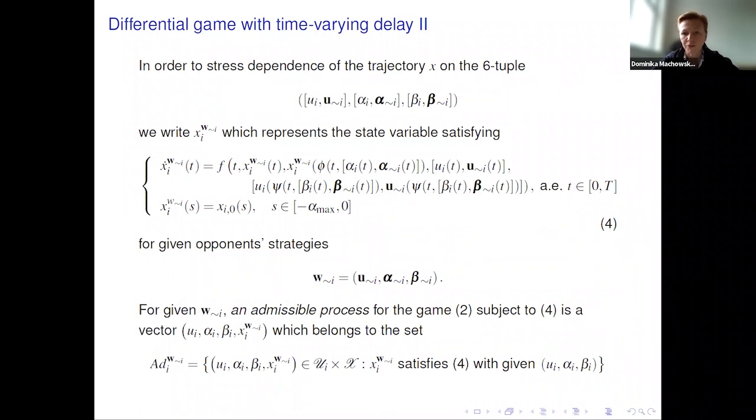That's why we have the equation written in a form where we always have the upper subscript W tilde i, which means it depends on the opponents' strategies. And of course, we define the set of admissible processes. This is the set for which we have the solution of the system.